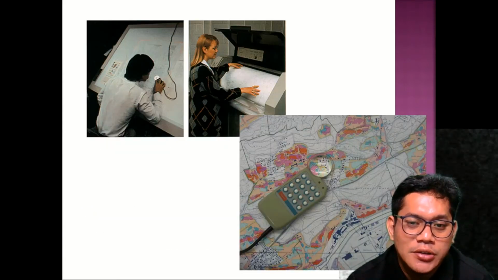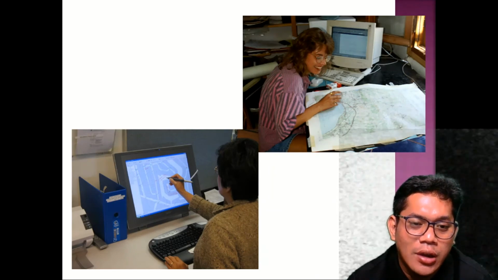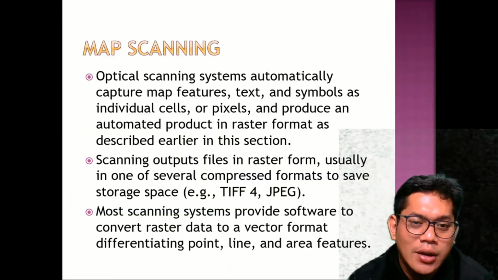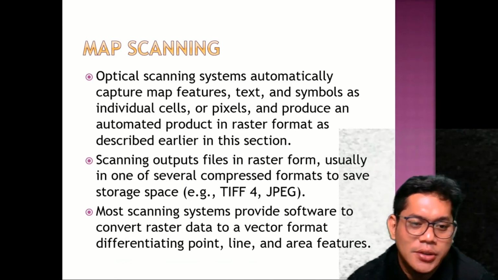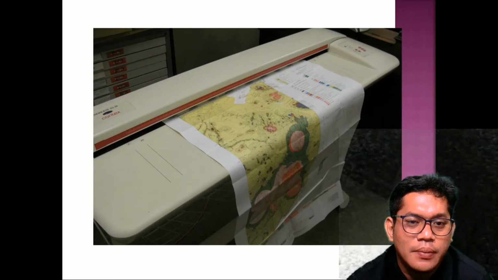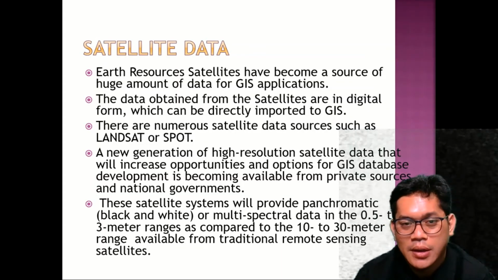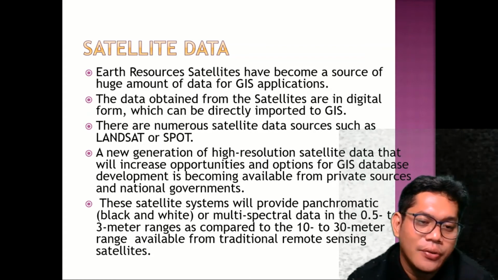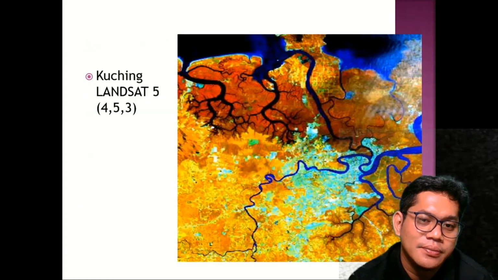So it's a very tedious thing, time consuming, and you have to put in a lot of effort. And of course, map scanning as well is one of them, using the microscope, using the big scanner. And satellite data is a part of the main data sources for GIS.